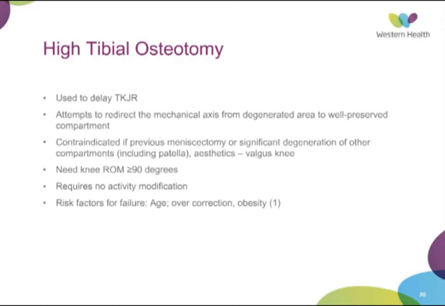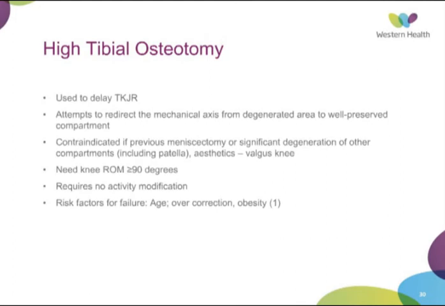The one benefit is that these people can go back hopefully to close to their previous activity levels, and so in the younger person, this is why we look at this being a good management regime, because unlike the knee replacement, these people tend to get back closer to the activity levels that they'd like to be at.